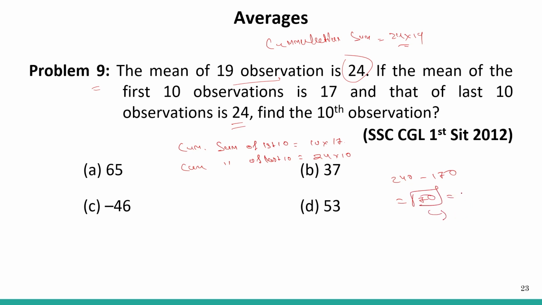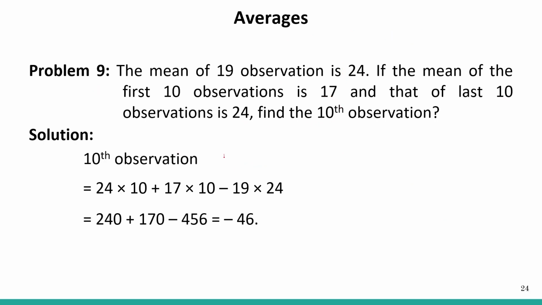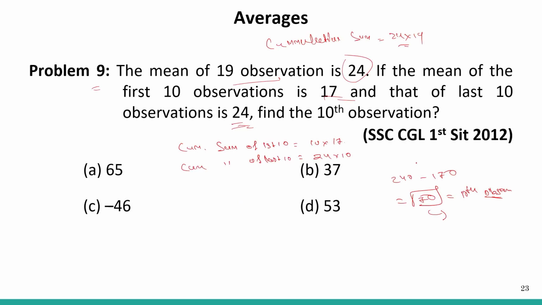So this is equal to what? The 10th observation. The mean of the first 10 observations is 17 and that of the last 10 observations is 24. Okay, so let's see. So the 10th observation will be what? 24 into 10 plus 17 into 10 minus 19 into 24. Because the sum of the whole was 19 into 24. So what we need to do is add these two and subtract 19 into 24.